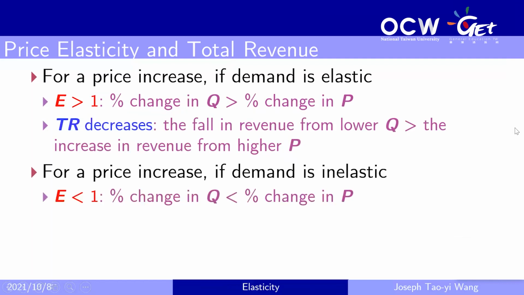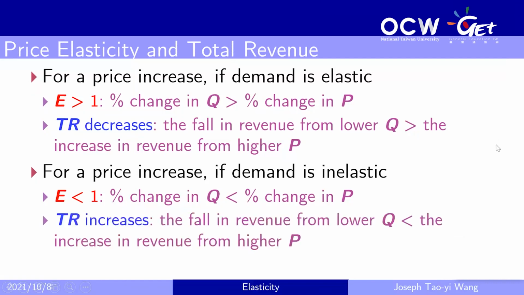But if demand is inelastic, because the price elasticity of demand is smaller than 1, that means the percentage change of quantity is less than the percentage change in prices. So the fall in revenue is smaller than the increase because of the higher price. And so total revenue goes up.